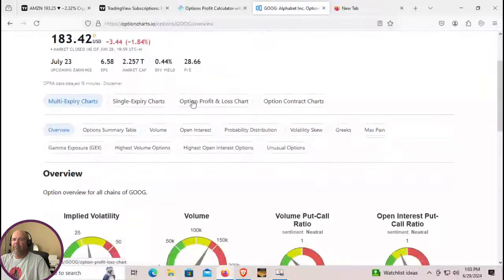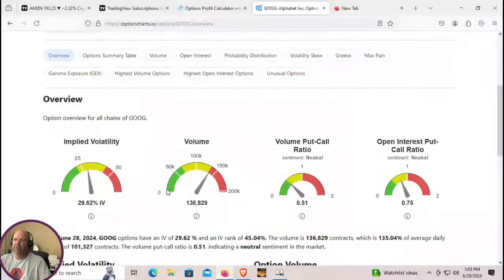So here they have the multi-expiry charts. As you can see, they evaluate everything: implied volatility, volume put call ratio, open interest put call ratio. Those two are what I've been using right now.